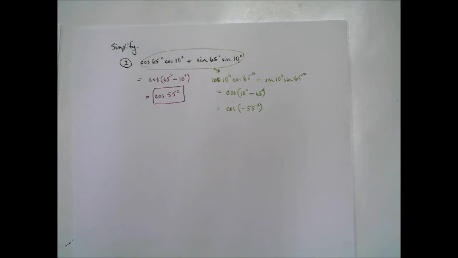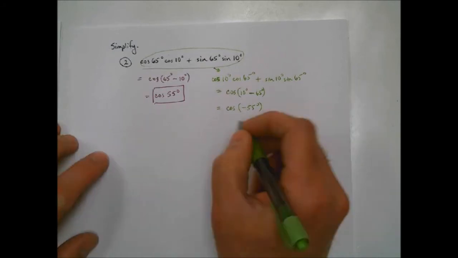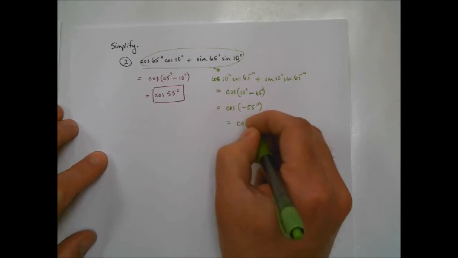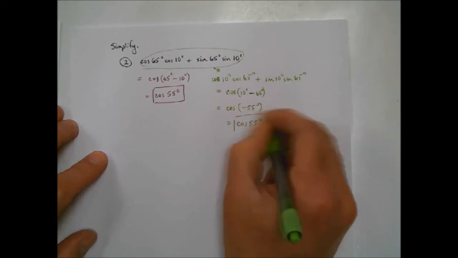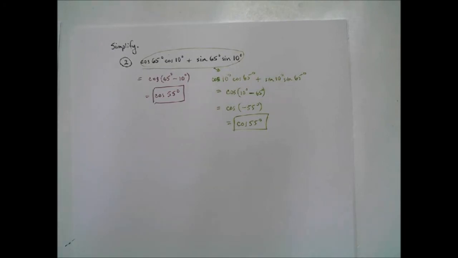But don't we have some opposite angle rules? What's the opposite angle rule for cosine of a negative angle? Well, cosine of a negative angle is the same as cosine of the positive angle. And so that's good for us because we got the exact same answer either way.